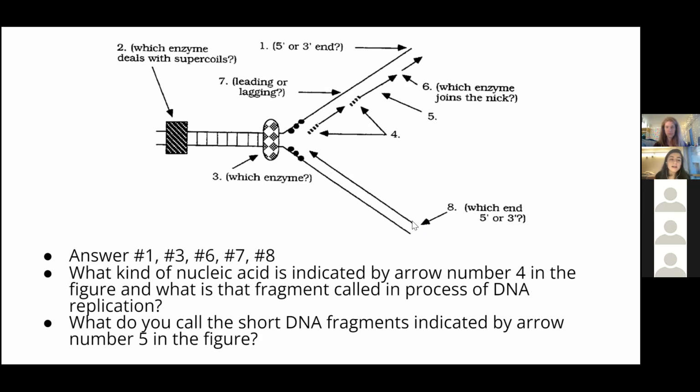But since DNA is replicated 5' to 3', and you know that the leading strand is going to the left, that over there is the 5' end. Towards the 3' this way. Yes. Does anybody have any questions about those 1 through 8?